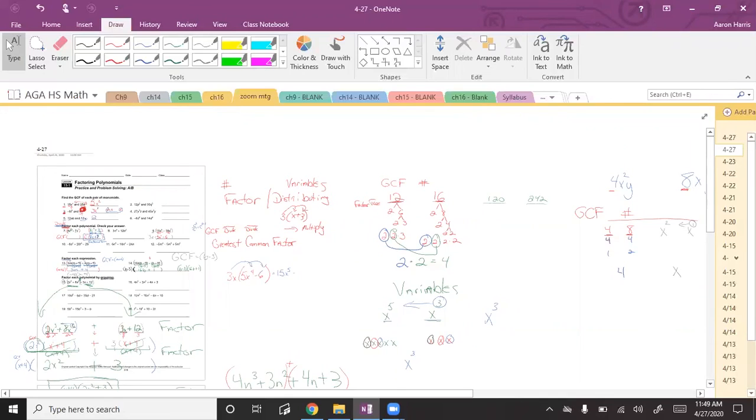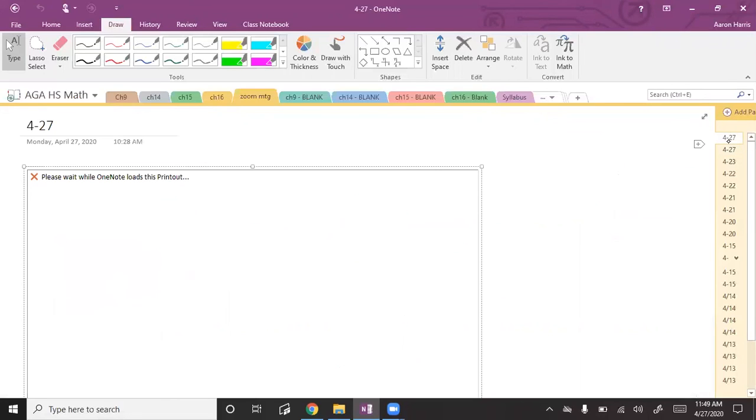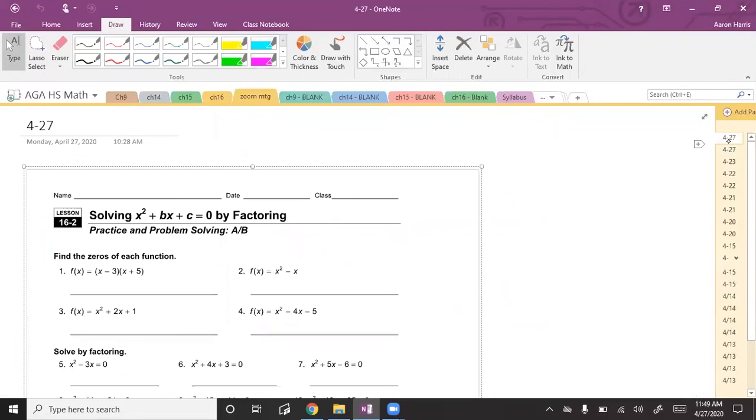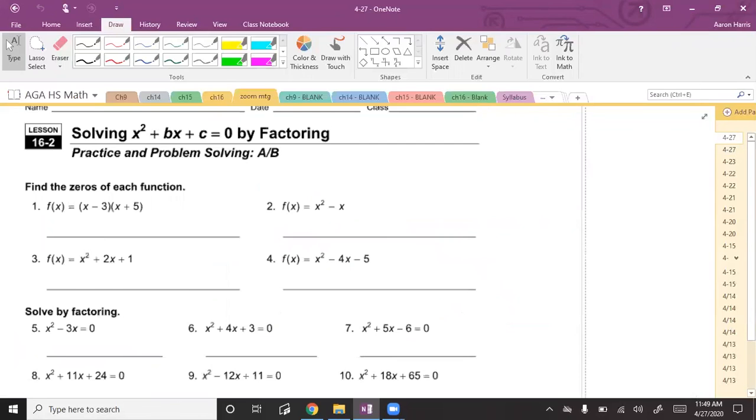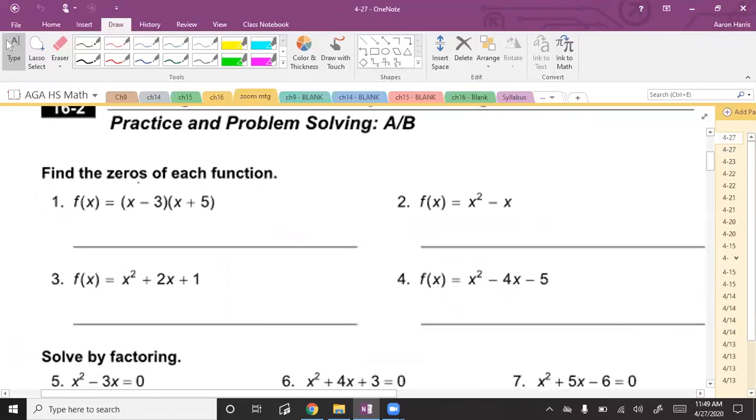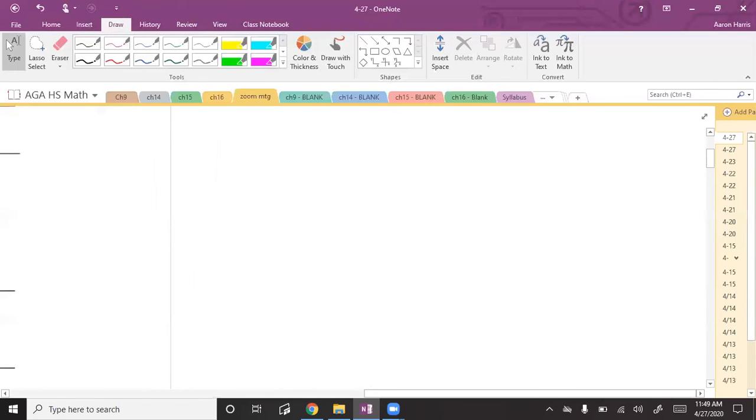So I want to make sure I cover in the time that we have allotted factoring. But this one's a little bit different for 16-2, okay? So find the zeros. Whenever they say find the zeros, I'm going to demonstrate. We know that a quadratic is called a parabola, which makes a U shape.